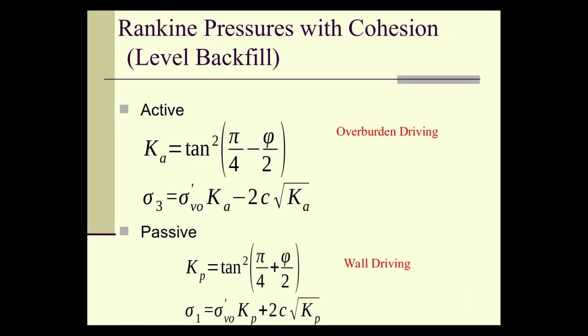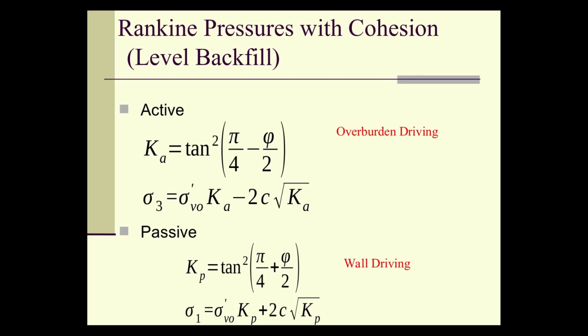So with an overburden driving the active case, if Ka is defined as the level backfill cohesionless, then sigma 3, the lateral pressure, is equal to the effective stress times the active earth pressure coefficient for cohesionless minus 2 times the cohesion times the square root of that coefficient. Passive is just the reverse.